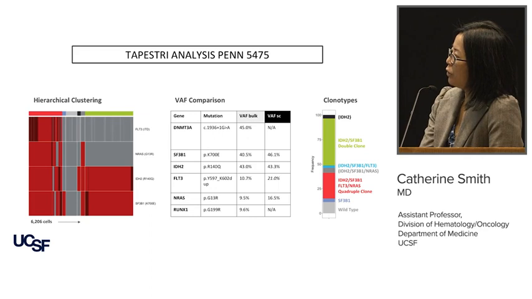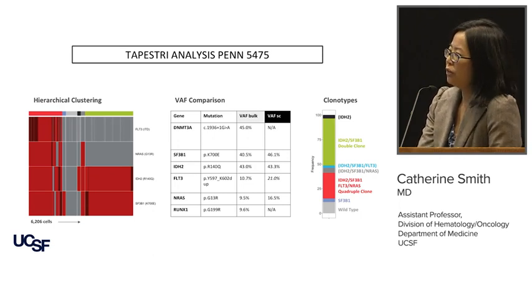And then again, you'll note smaller populations that may be technical artifacts due to mutant allele dropout, although it's likely either the SF3B1 or IDH2 population potentially were also ancestral clones of this IDH2 SF3B1 population.